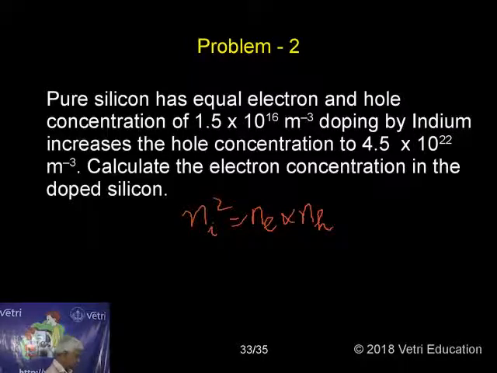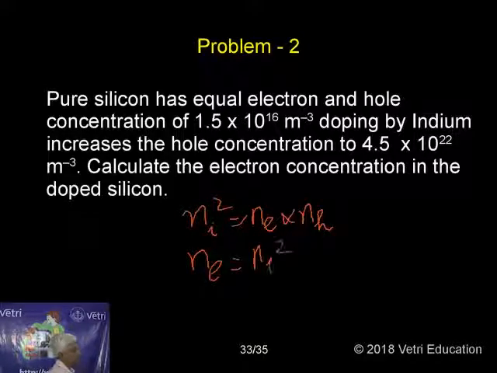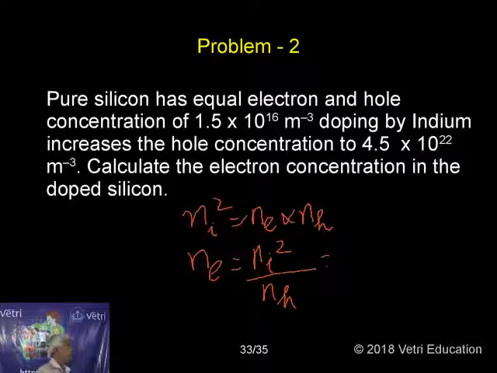Calculate the electron concentration. The question is asked here. Therefore, Ne is asked. Ne is nothing but Ni squared divided by NH. What is Ni? Intrinsic semiconductor. Pure silicon has equal electron and hole concentration of 1.5 into 10 power 16. This is called pure, that is an intrinsic semiconductor.